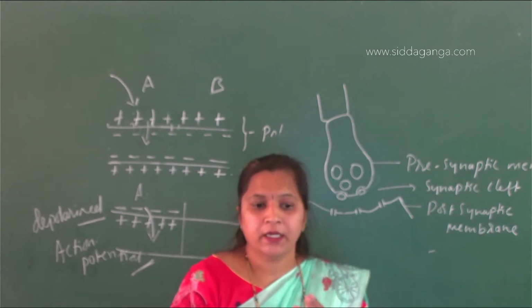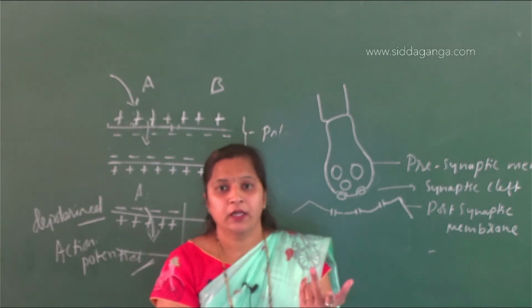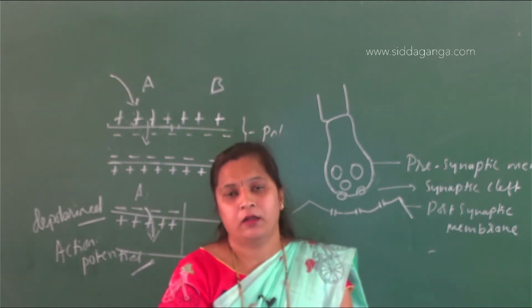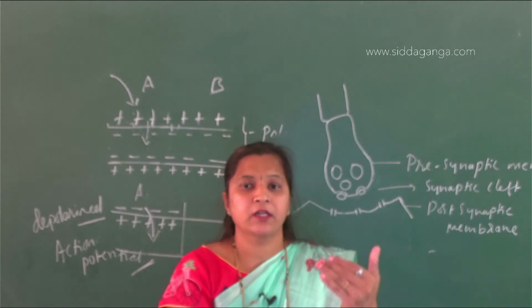The sympathetic and parasympathetic nervous systems work antagonistically. They have an opposite effect on the organs.